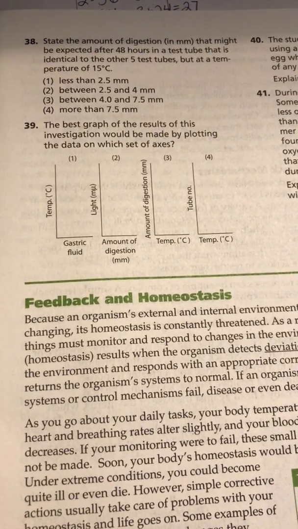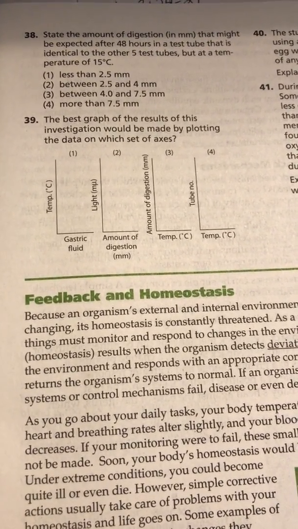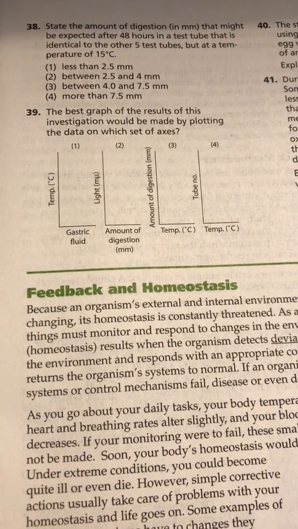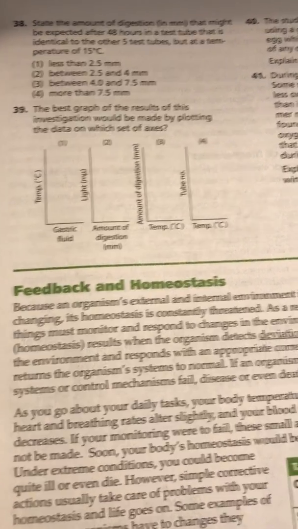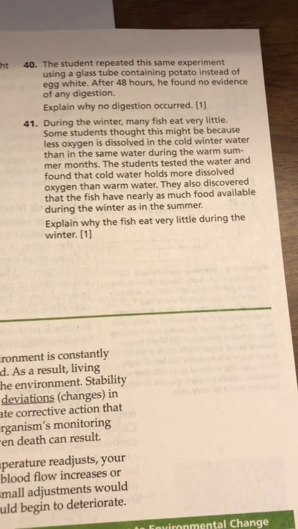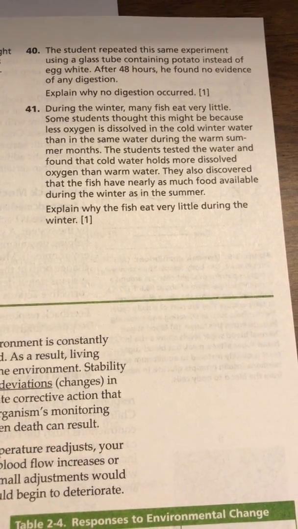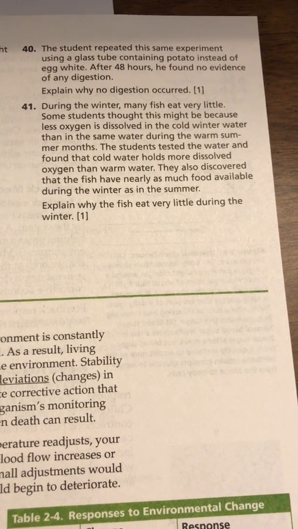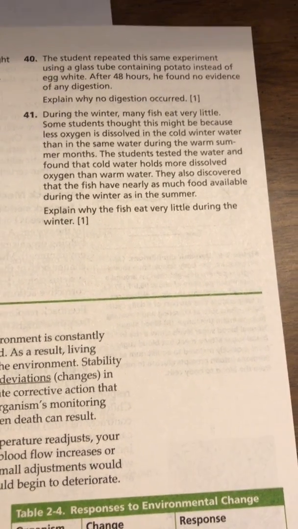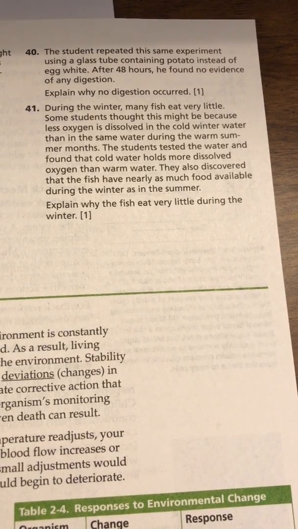The best graph of the results of the investigation would be made by plotting the data on which set of axes? 1, 2, 3, or 4. 40. The student repeated this same experiment using a glass tube containing potato instead of egg white. After 48 hours, he found no evidence of any digestion. Explain why no digestion occurred.